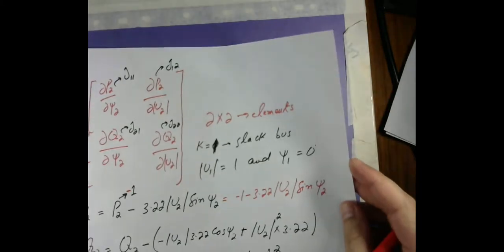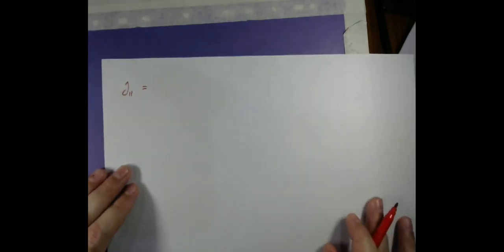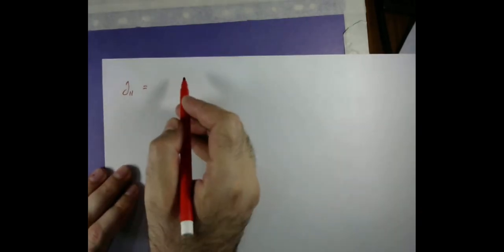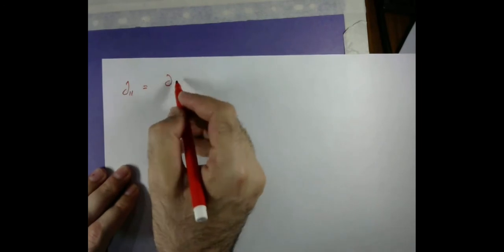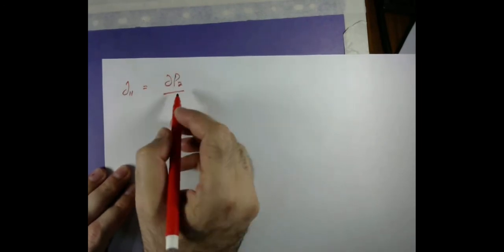So now we will write J11, J12, J21, and J22. As I mentioned, we have to find the Jacobian matrix entry J11, the first entry, which is equal to the derivative of the active power with respect to psi 2.